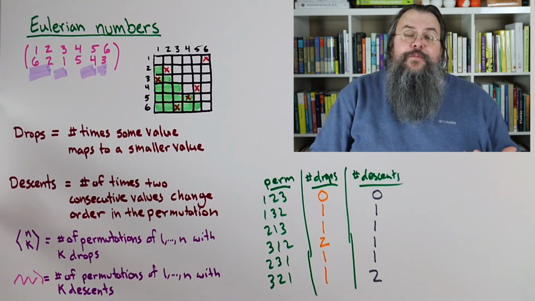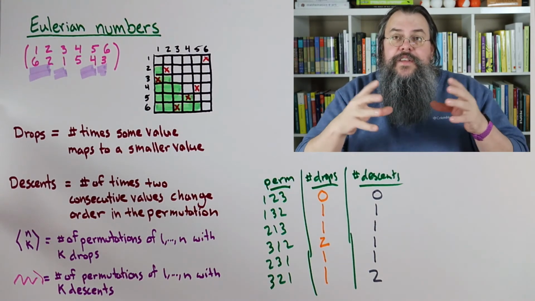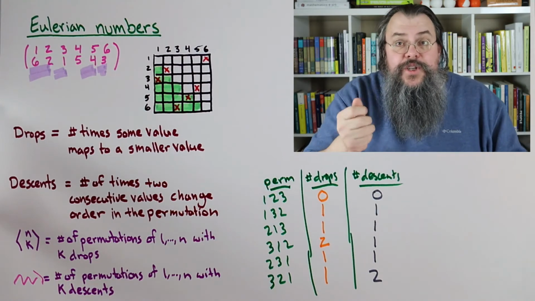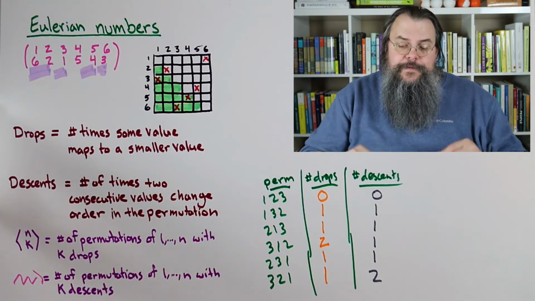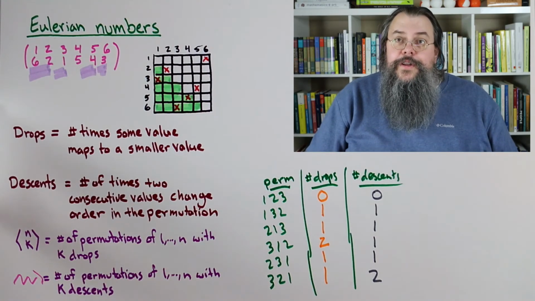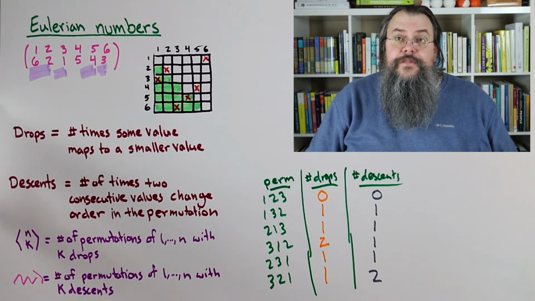That's what we mean by them counting the total number. They have the same counts, even though individually there are cases where they differ. So be careful.